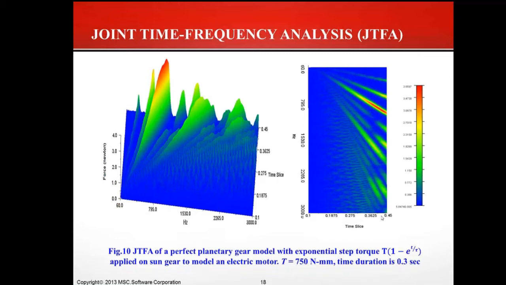We simulate the motor system, so the torque gradually increases. The x-axis is frequency, and the y-axis is the time slice. We make this time slice very small, so it simulates when the system just starts.